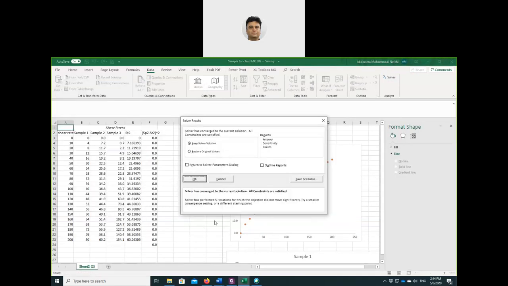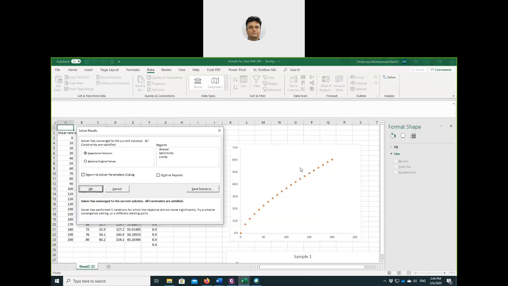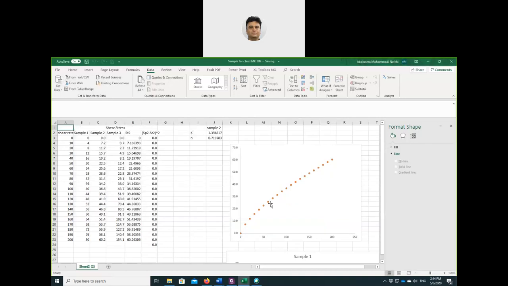You can see all the data from theoretical and practical exactly on one line. How? By this. And this confirms that our regression is complete. So the consistency coefficient is 1.39 and N, the viscosity index, is 0.71.